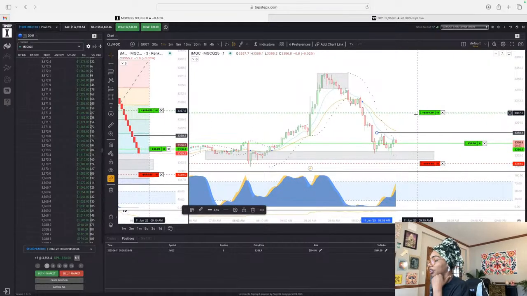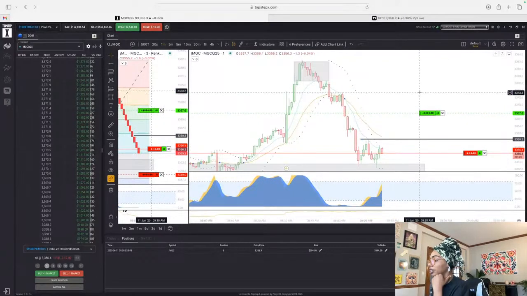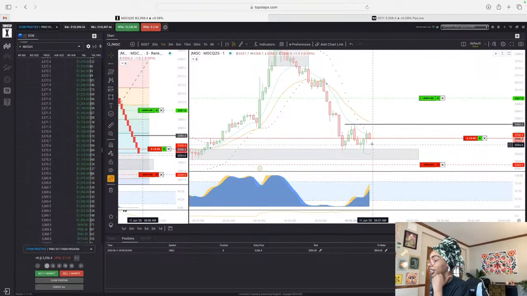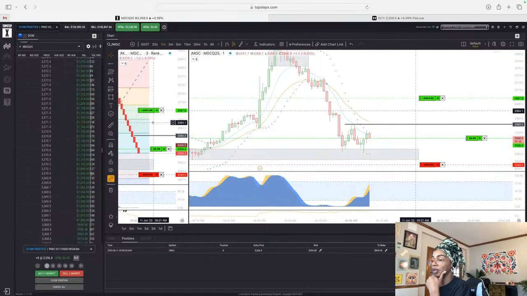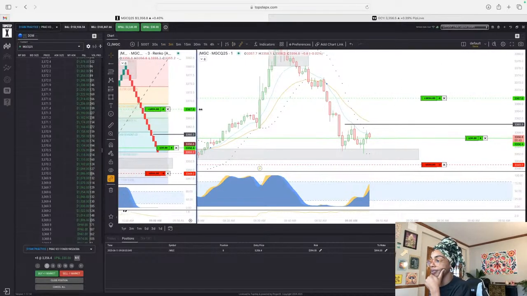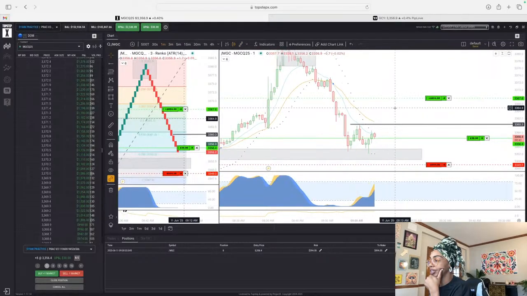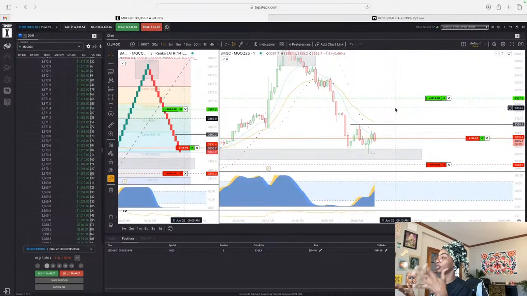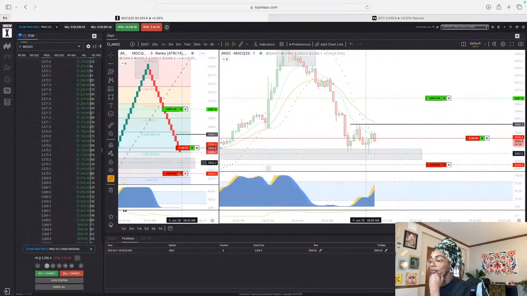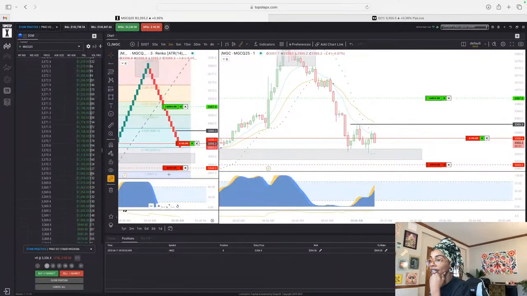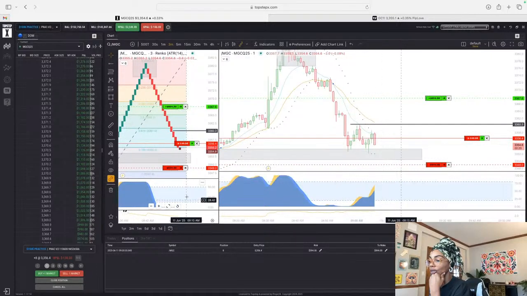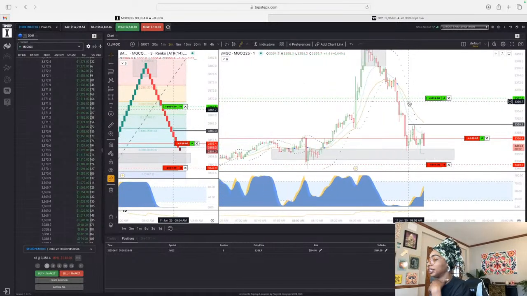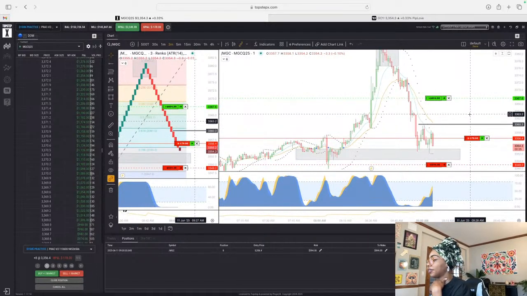We can see our SAR coming below our candles here, which tells you that the buy trend is intact and price is still making higher highs. Our RSI is oversold as well on the 3-minute. So we'll see how price plays around this level.